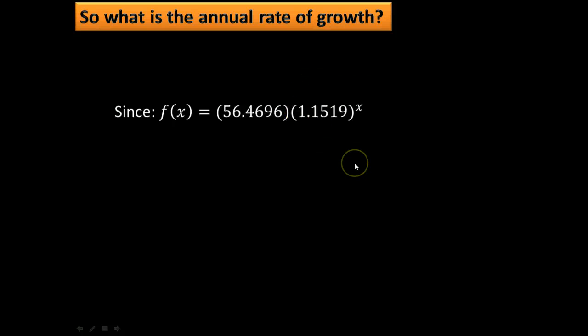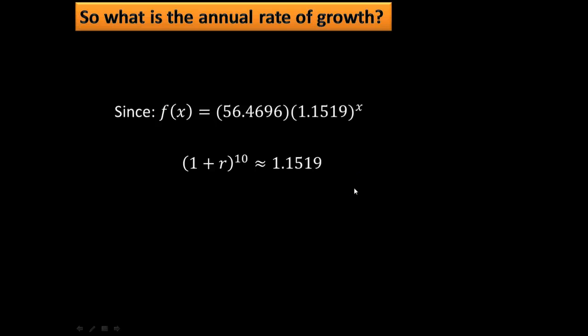But we're looking for just 1 year, or an annual rate of growth. So we need to take into account that that 10 years is how we got this 1.1519. When we added whatever our annual rate of growth was, this r, onto 1, and raised it to the 10th power, that's what generated the 1.1519.